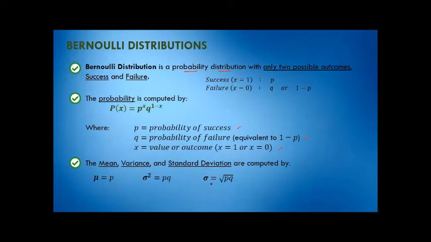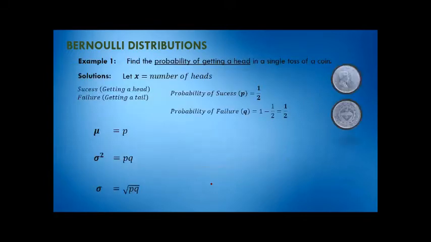Now, let's have example for Bernoulli distribution. Example number 1. Find the probability of getting a head in a single toss of a coin. So for example, we have a coin. So we all know na dalawa lang yung outcome yan, isang head at saka isang tail.